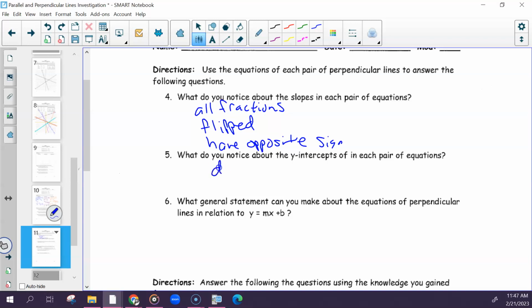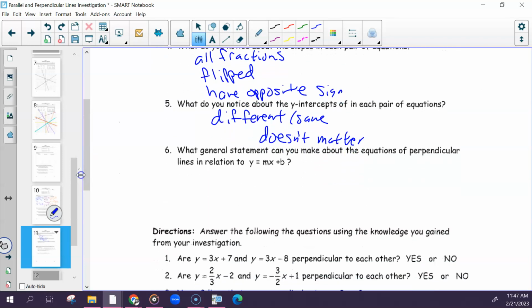So they could be different, they can be the same, it doesn't matter. It doesn't matter for the y-intercept.